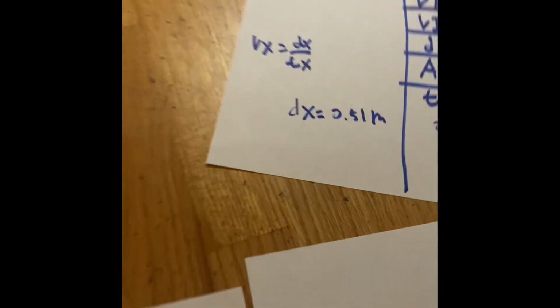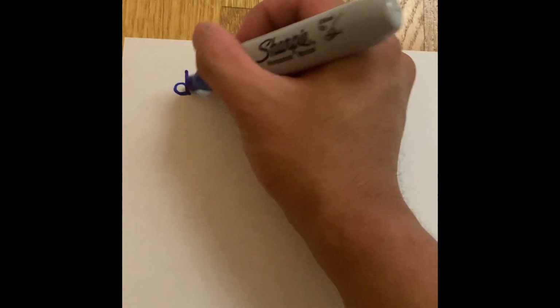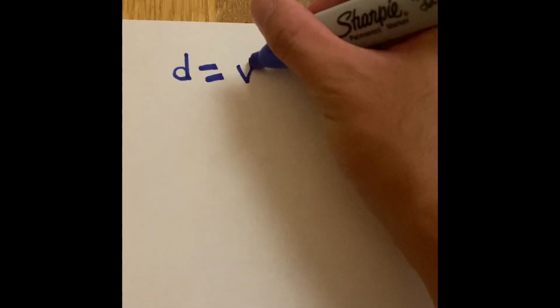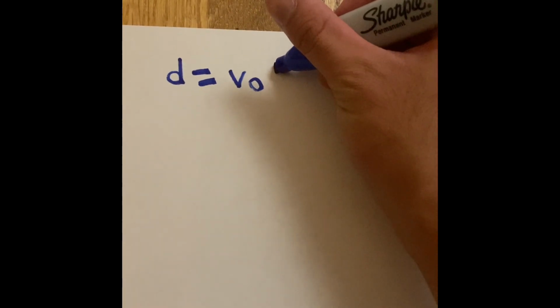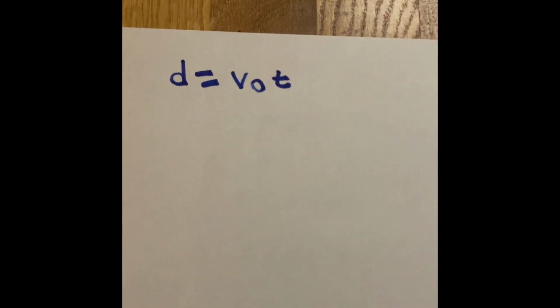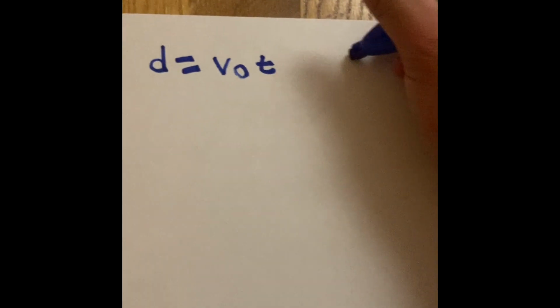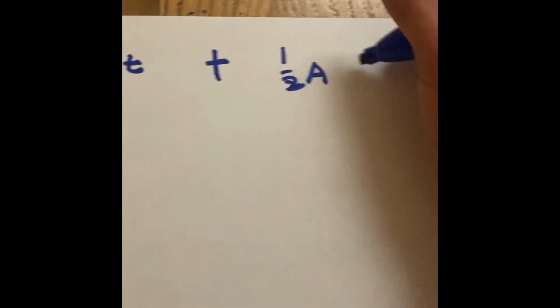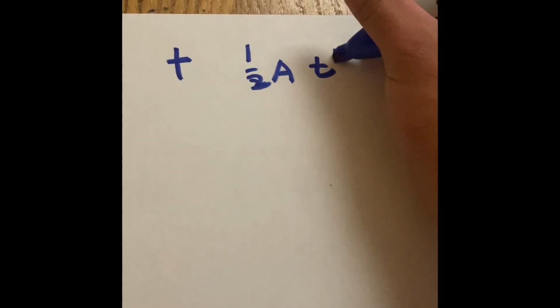So going back to the second kinematic equation, the formula is going to equal our dy, or our displacement for y, is going to be your initial velocity multiplied by your time. Then we have to add 1/2 our acceleration, then multiply it by t squared.